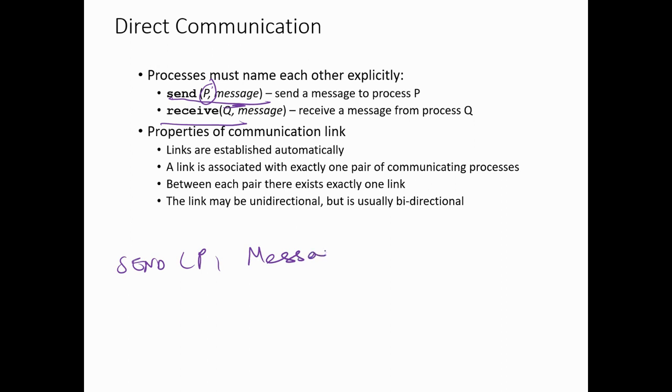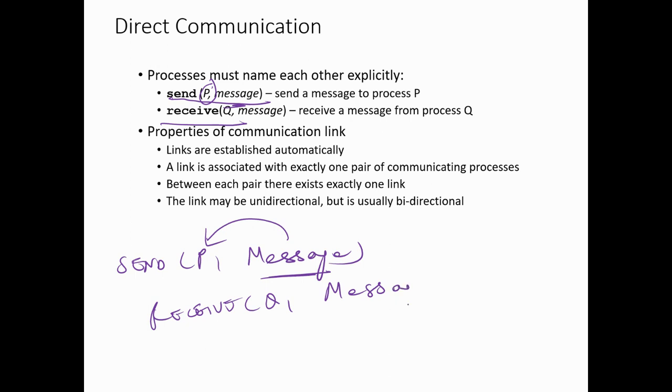That means I'm explicitly saying that the message has to be sent to the process P, and receive Q comma message means the message has been received from the process Q. So I am explicitly mentioning from what process I'm sending, to which process I'm sending, and from which process I'm receiving the message.